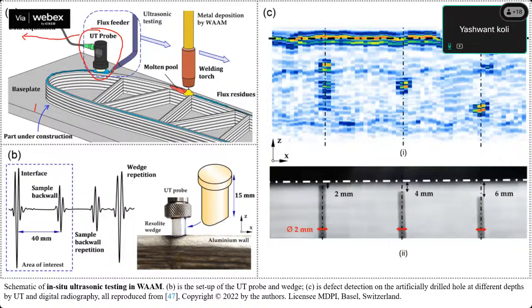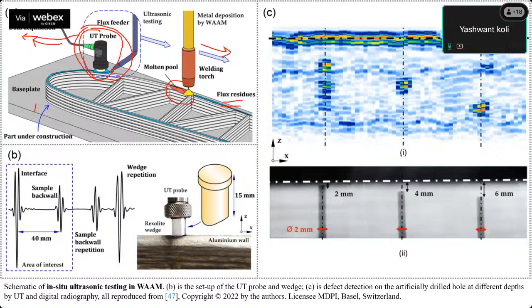There's the base metal, molten pool, the weld direction, and flux residues. As the fabrication of this part is done, this ultrasonic probe detects the data, and it detects the defects, how much defect, and what type of defects there are.